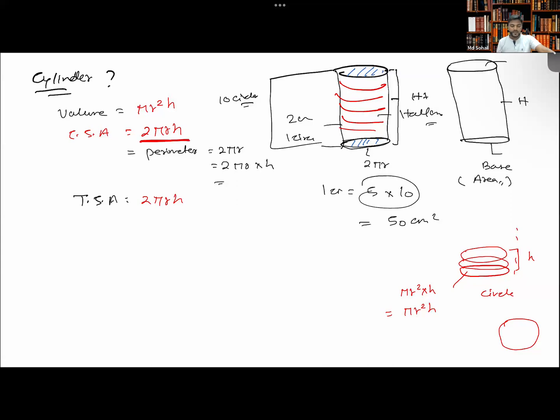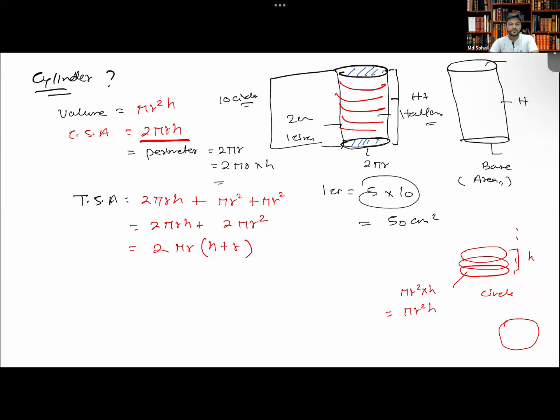And now see, you have two circles over here as well, pi r square plus pi r square. So 2 pi r h plus 2 pi r square. So you take the 2s common over here, and pi and r are also common here. So here would be h plus r. Is that clear to both of you? So that's how we are supposed to find the total surface area of a cylinder.